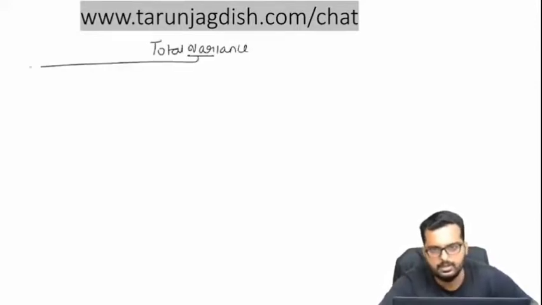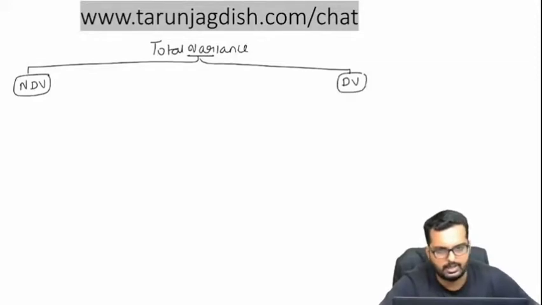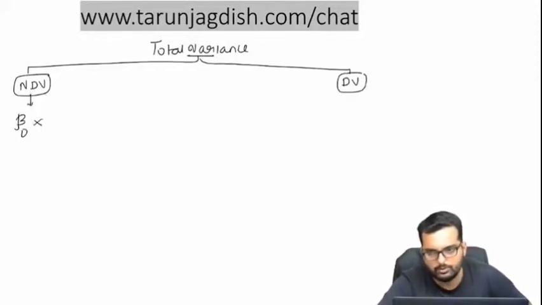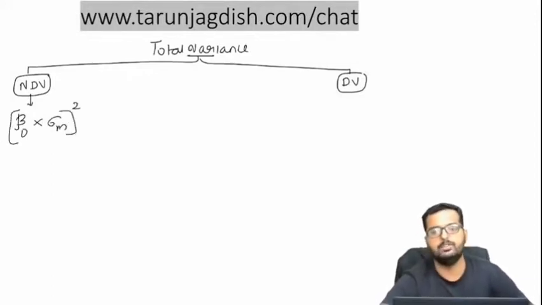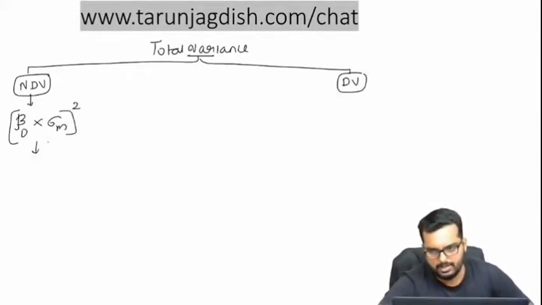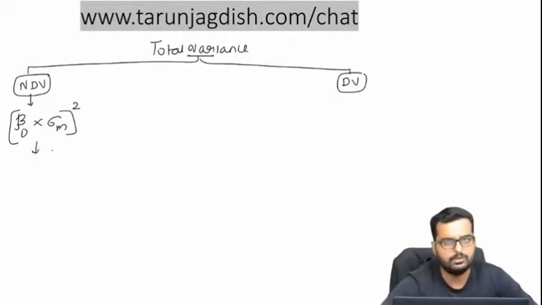Now, we want to find out what will be the total variance. This will have two parts. One is non-diversifiable variance and another one is diversifiable variance. Non-diversifiable variance will be found out using the formula beta overall into standard deviation of the market, whole square. We have already learned the formula for non-diversifiable risk, standard deviation of the market into beta.